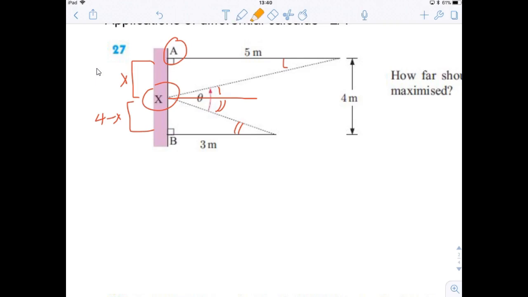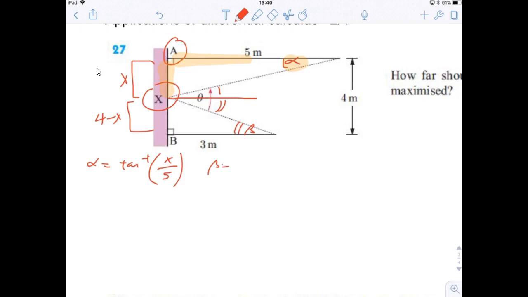Now, this would be a trig problem, right? Because if we want to figure out this angle, all we need to do is make a ratio between this side and this side, and then we'd use tangent, right? Because opposite over adjacent. So let's call this alpha. We'll call this beta. So the angle alpha is equal to the inverse tangent of x divided by 5, because that would be opposite over adjacent.